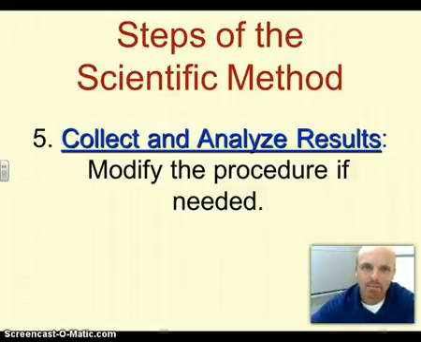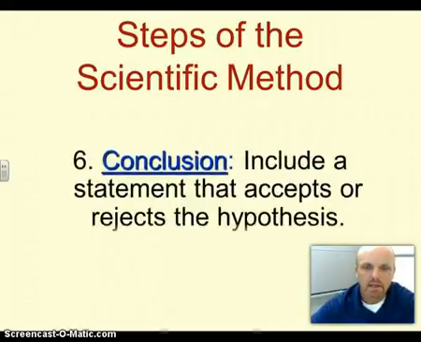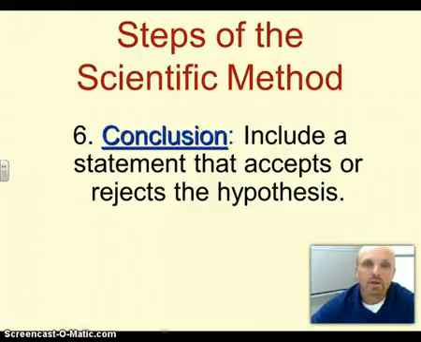If I change out that light bulb and the light doesn't come on, then I know it might be something else. That's going to be collecting the data. Did the light bulb come on or did it stay off? The next one is the conclusion. You can conclude that if the light bulb stayed off, it wasn't the light bulb, there was some other problem. Or if the light bulb came on, that was the problem and we solved it.